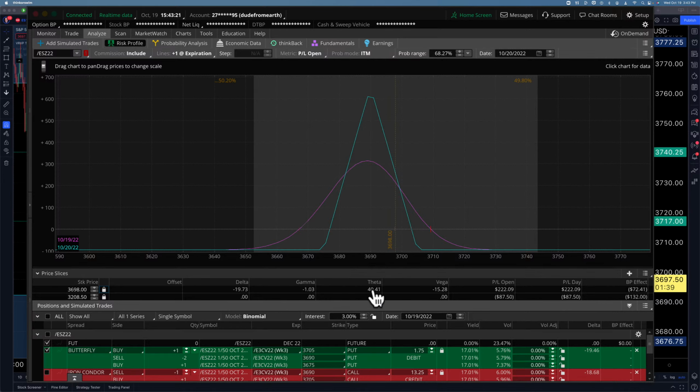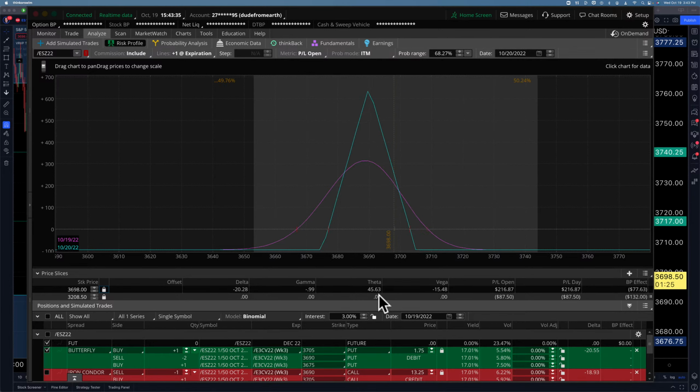Right? Now, theta is the potential additional return that you can get if price stays right here and then expires right there. So if price stayed right here, I have an additional $40 I could potentially make by the end of the day.